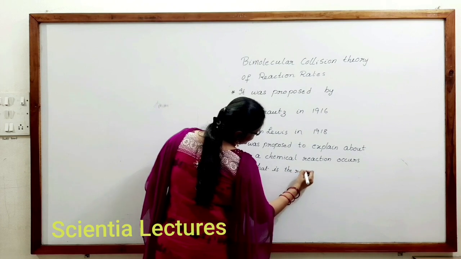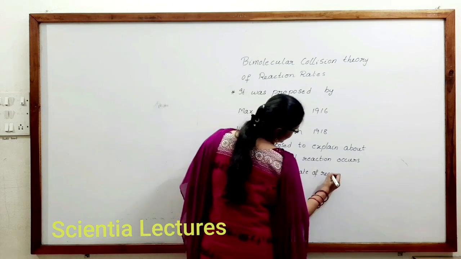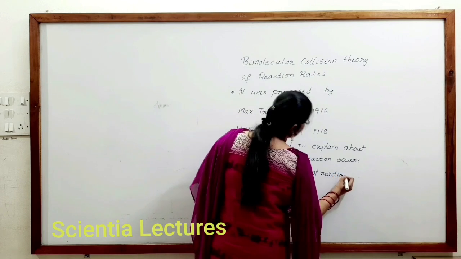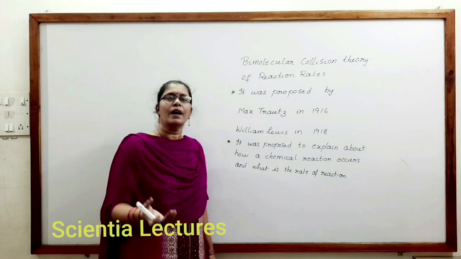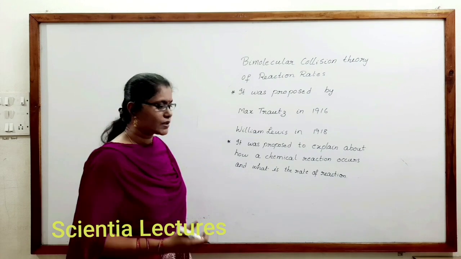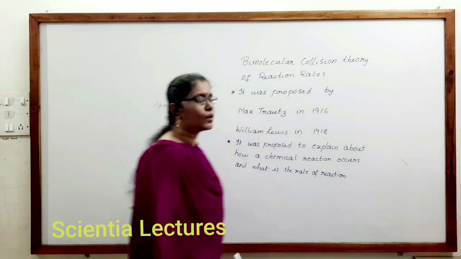So that is the purpose of the collision theory of reaction rates. This explains mainly how a chemical reaction occurs and what the rate of reaction can be, and let us see how they have explained this collision theory of reaction rates.